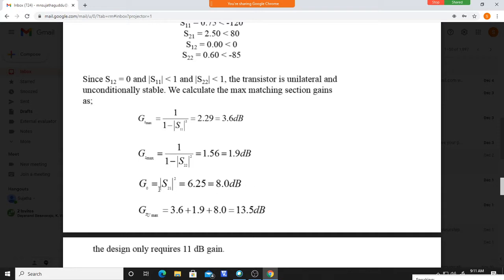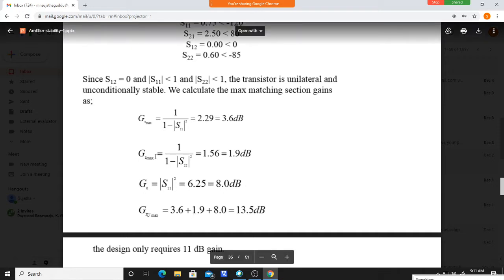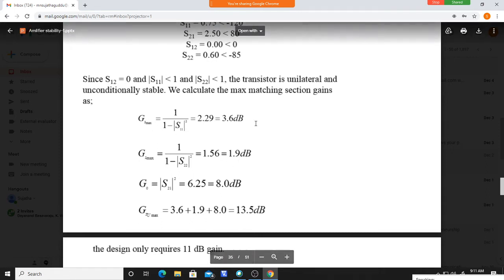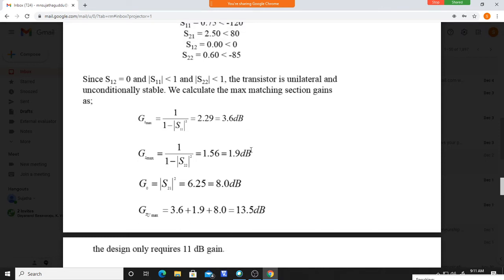So G naught is 8 dB, GS maximum is 3.6, and GL maximum is 1.9. Maximum gain, how much can we get? That is 3.6, 1.9 and 8, that is 13.5 dB. The maximum gain we can get from the transistor is 13.5 dB.